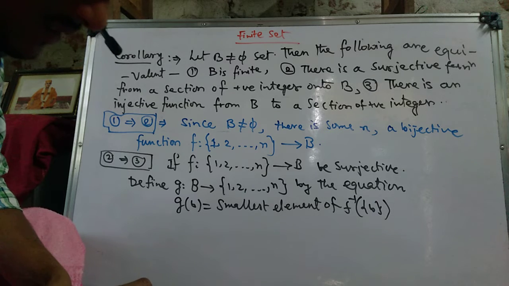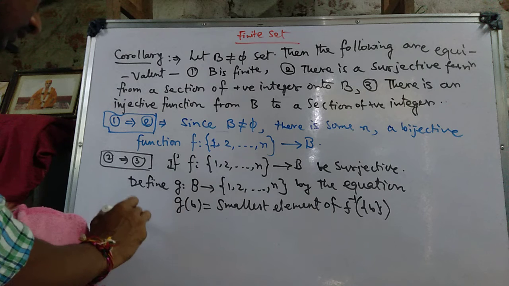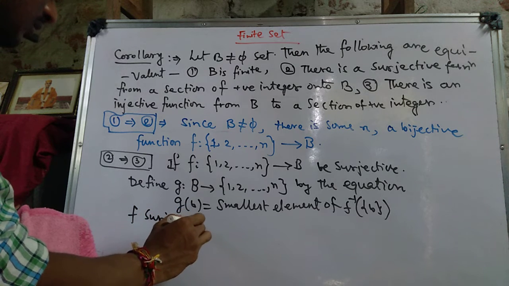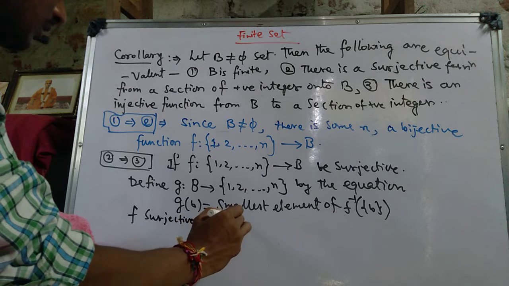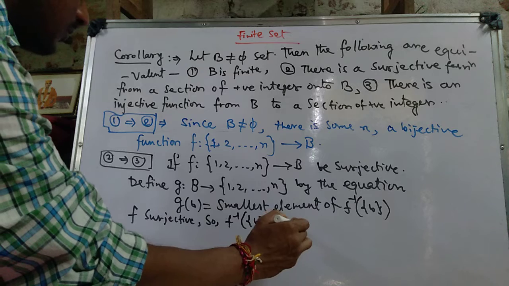Then because f is surjective, the set f inverse of b is non-empty.